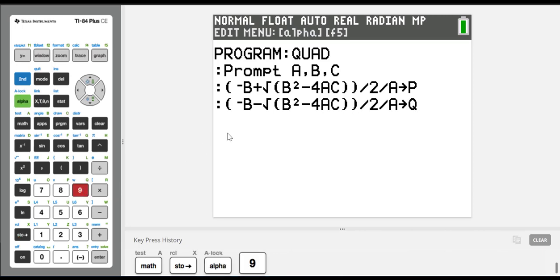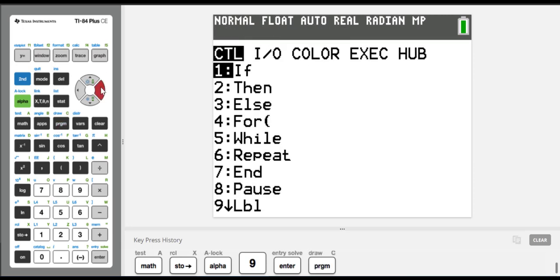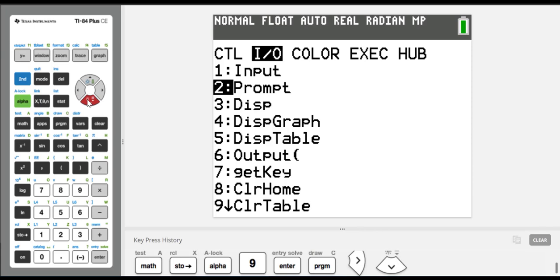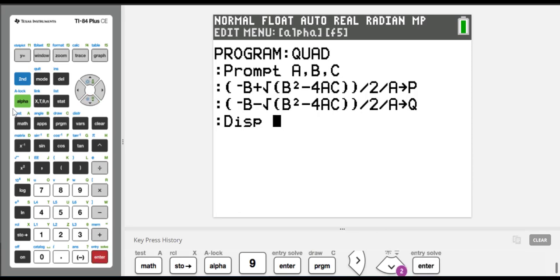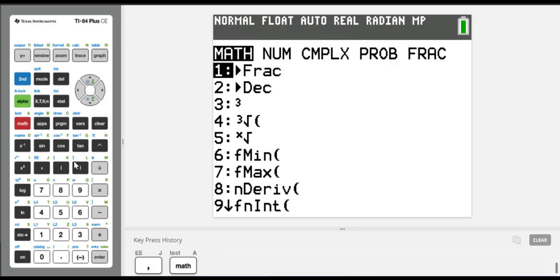So now I have my calculations done. I found out what my two X values are. Then we have to display them. So go back to program, input output. I want to display. In this case it's alpha P, comma, alpha, oh, nope.